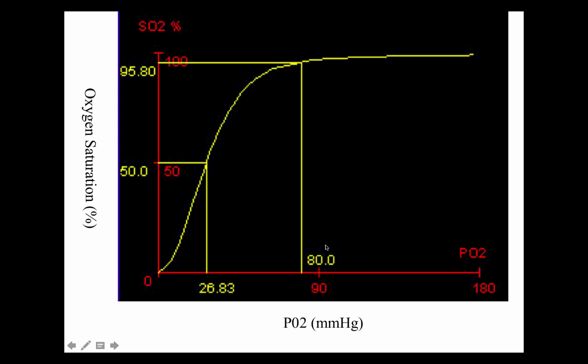So once we're up around 90 millimeters of mercury, we're just about maximally bound to hemoglobin. No matter how high we go on our PO2s, if we go up to 180 millimeters of mercury, we're still at about 100%. It's flattened out. Again, at 50% saturated, we have a PO2 of about 27 millimeters of mercury.